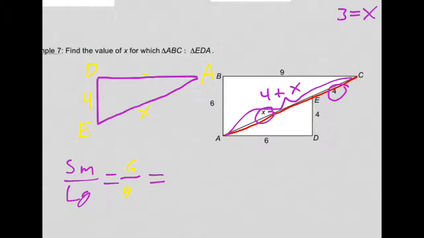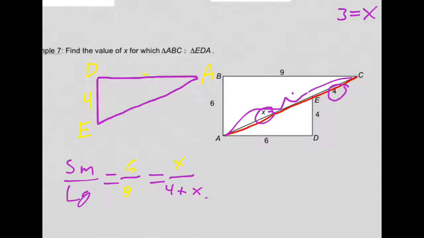And I'm going to set that equal to my hypotenuse. That's my small. I'm going to bring that down here, over 4 plus x. There we go.